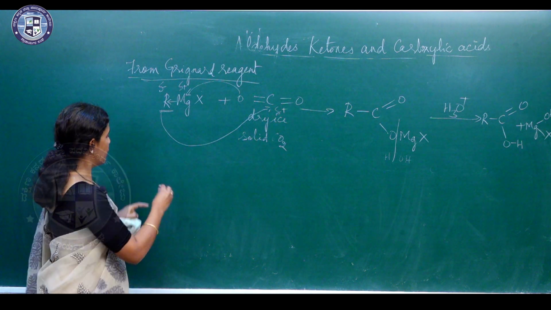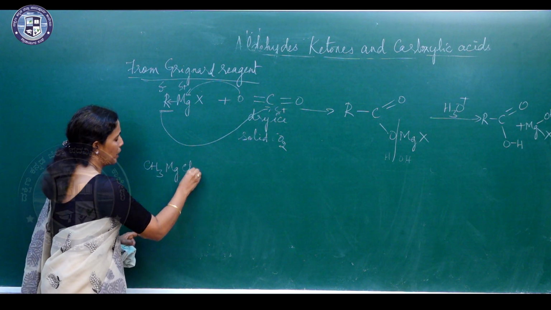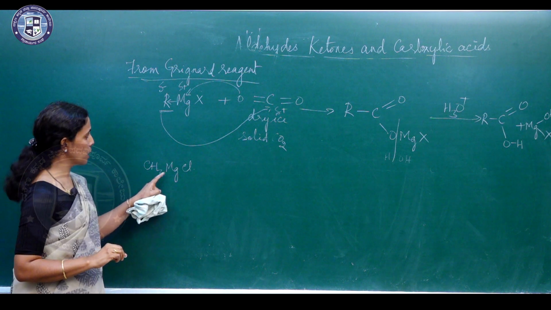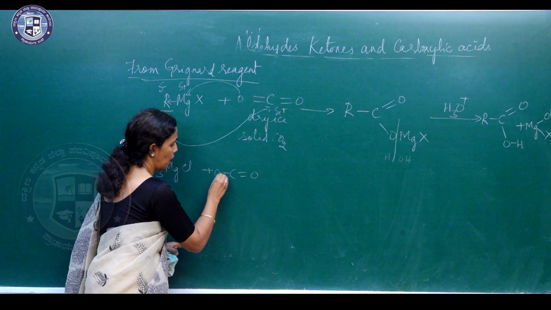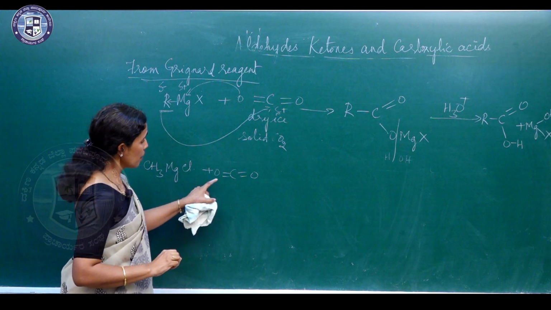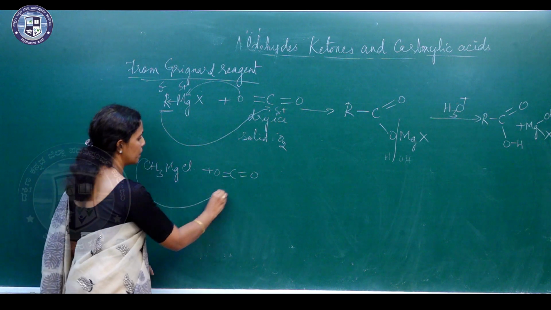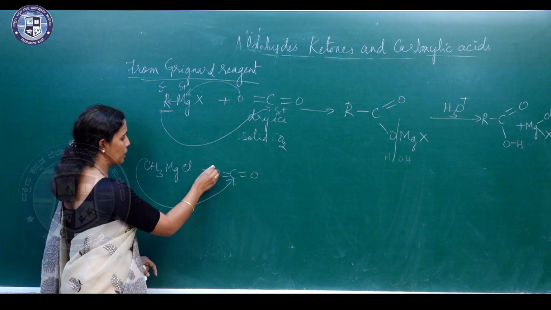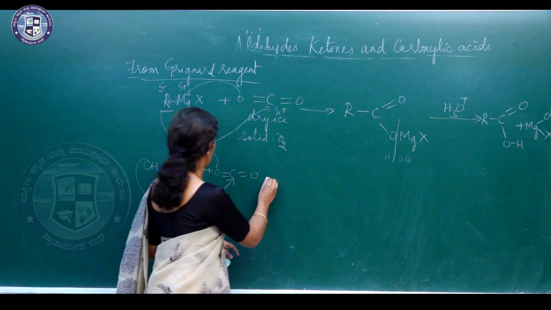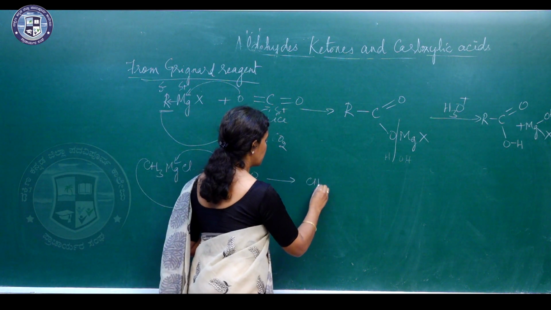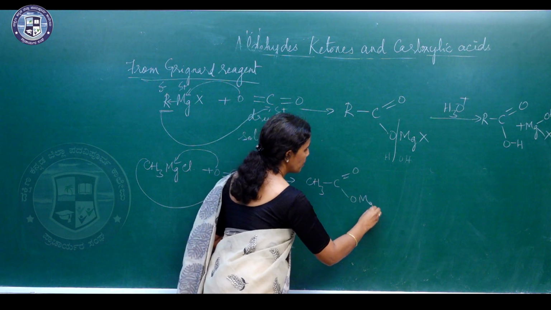You can write an example for it, CH3 magnesium chloride you can take. So, methyl magnesium chloride, treat it with C double bond O, that is solid carbon dioxide. So, this methyl group will attack this carbon atom, this oxygen will link to this magnesium halide and the product will be CH3 C double bond O OMgCl.